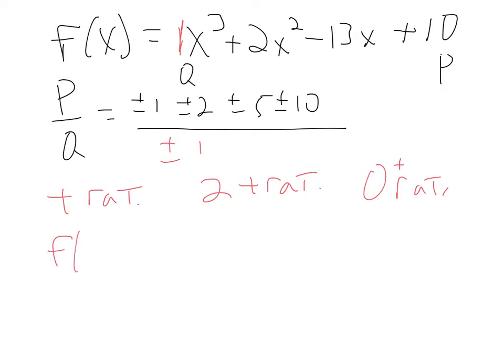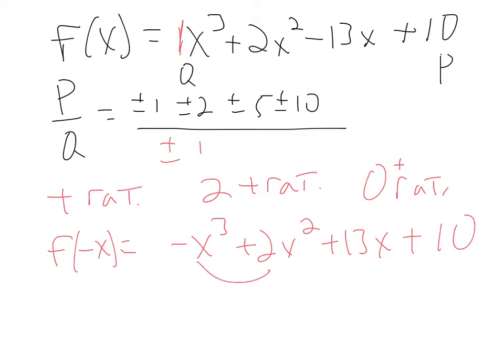So let's do f of negative x and see what's happening to find the possible negative roots. So that would become negative x cubed. But when I drop negative x into x squared, that stays positive. So that 2 doesn't change signs. Negative x times negative 13 turns out to positive 13x. And then, of course, the 10 doesn't change.